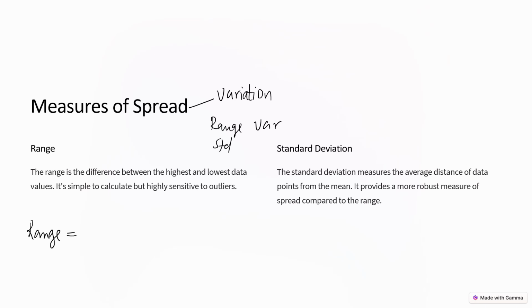The formula for range is the max value minus the minimum value. And also we have the standard deviation. In our next video, I'm going to give you an example on standard deviation. Easily, this can be done using the TI-83 or 84 calculator.